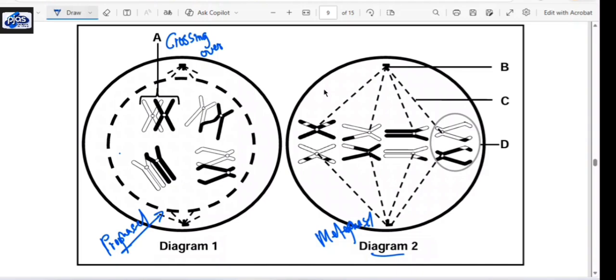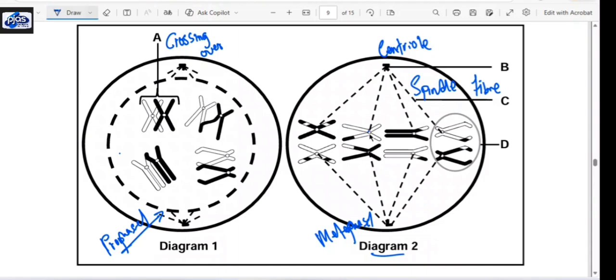Yes, and letter B represents what? The structure that gives rise to the formation of the spindle fiber, which is what? The centriole. You see. So C represents what? The spindle fiber. So this is the structure that joins itself to the centromere. You understand? Yes. So this fiber will be the spindle fiber.